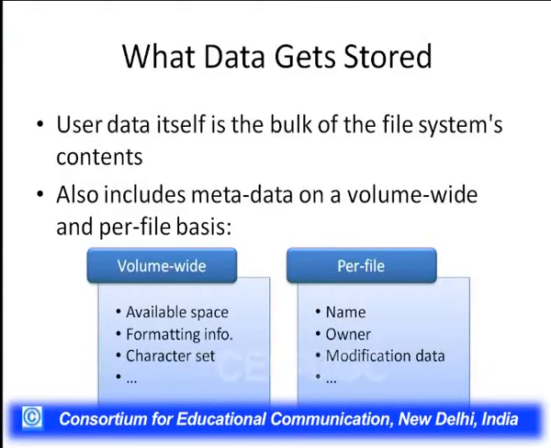And per file, the metadata we can store is who the owners are, what the name of the file is, how the modification of the data will take place, what point in time the last modification was done, whether a user can access this file at a particular time or not. All these things should be taken care of when we are storing data.